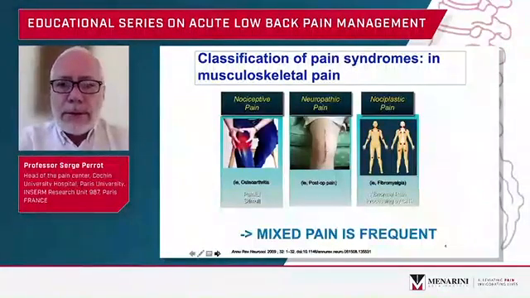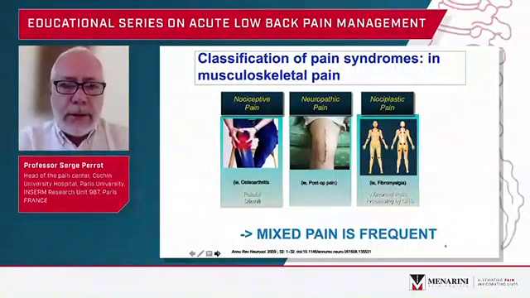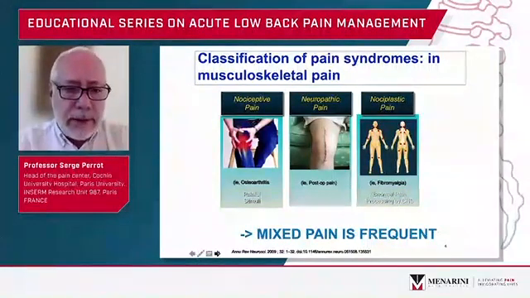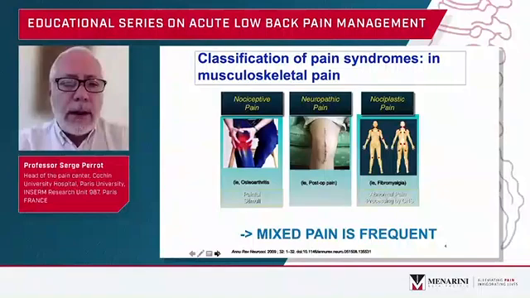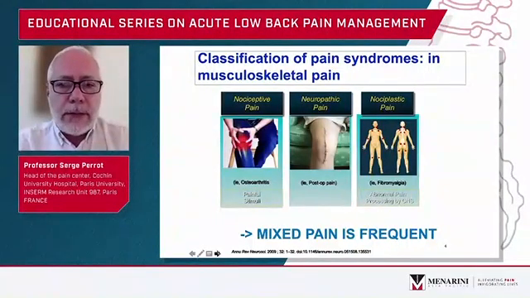First of all, we should remind that there are different mechanisms of pain, and these mechanisms of pain are also found in low back pain. First of all, there is nociceptive pain, that is acute and inflammatory pain, and especially in acute back pain.